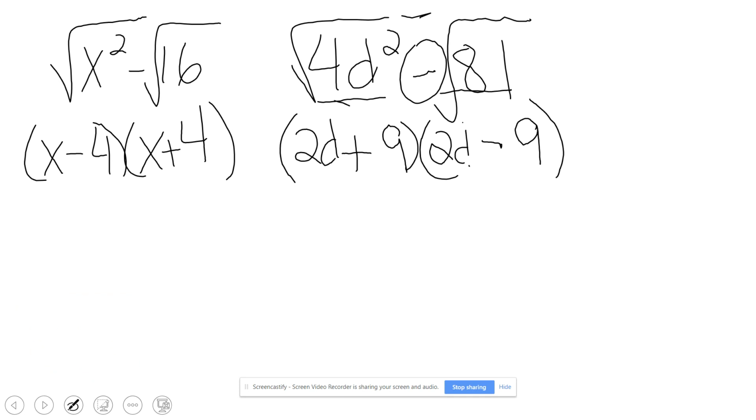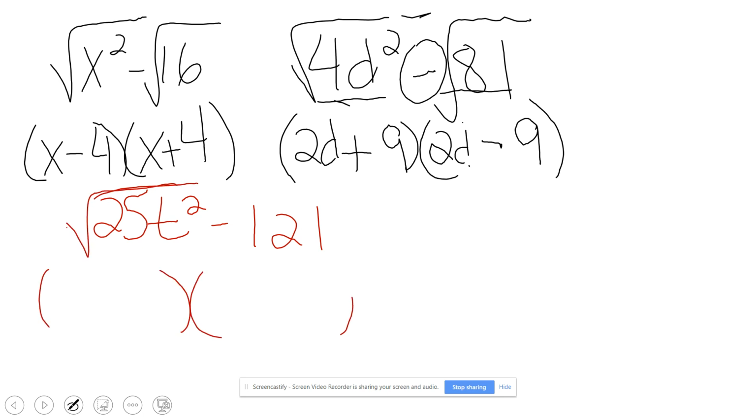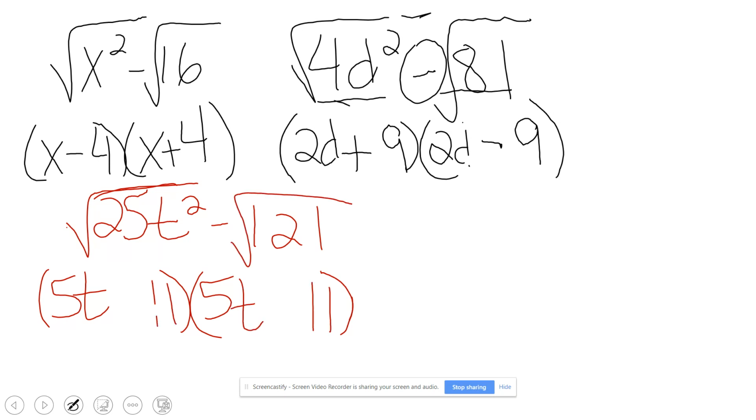The next one, we have 25t squared minus 121. Take the square root of 25, and we get 5. The square root of t squared is t. The square root of 121 is 11.